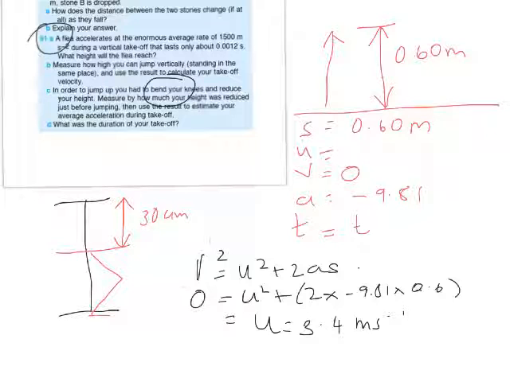Bend your knees. These are your knees. And so when you're jumping, at that point where you just start to jump, your initial velocity is 0. By the time you stretch your knees out, you've given yourself the push you need, and your final velocity would have reached 3.4. By the time you're back to your normal height up here, you lose contact with the floor.